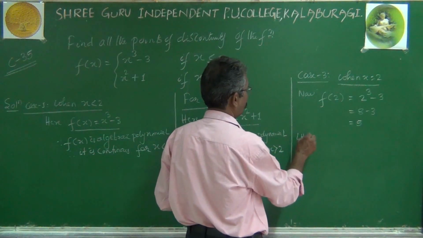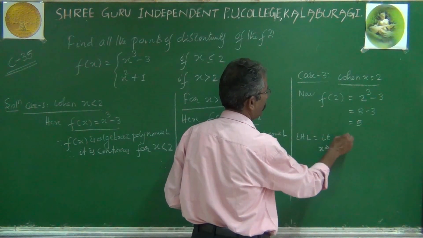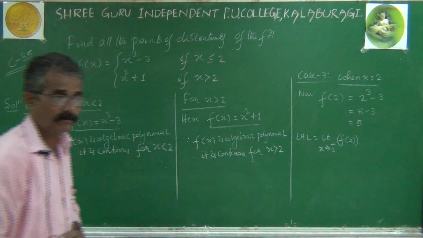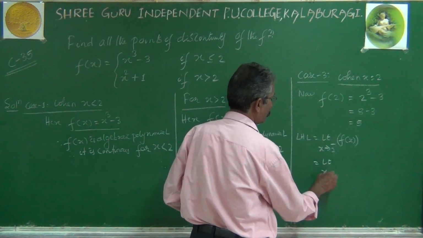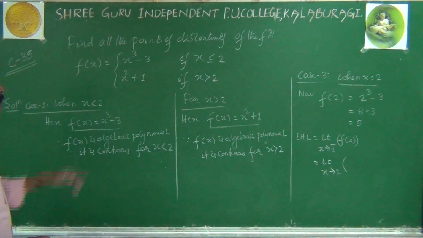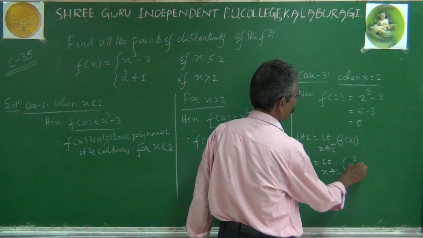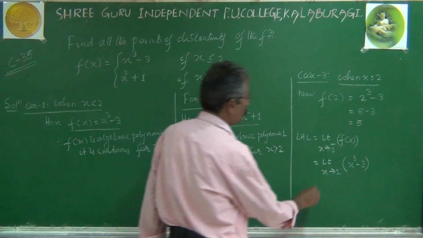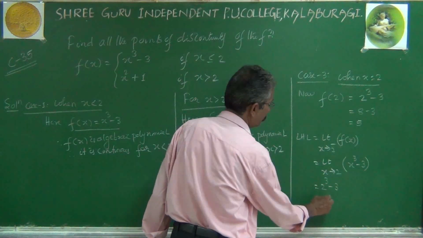Now left hand limit, limit x extending to 2 minus f of x. That is, 2 minus means less than 2. When x is less than 2, the function is x cube minus 3. Replace x by 2: 2 cube minus 3, 2 cube is 8, 8 minus 3 is 5.